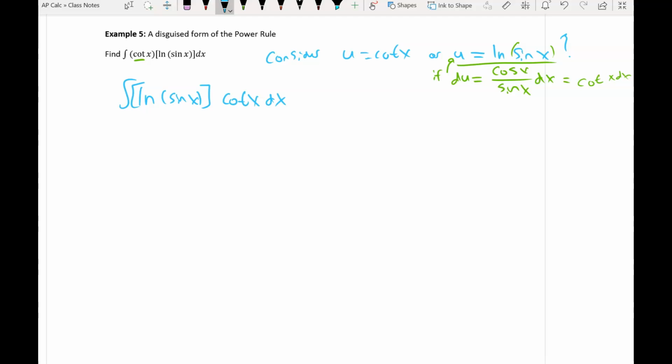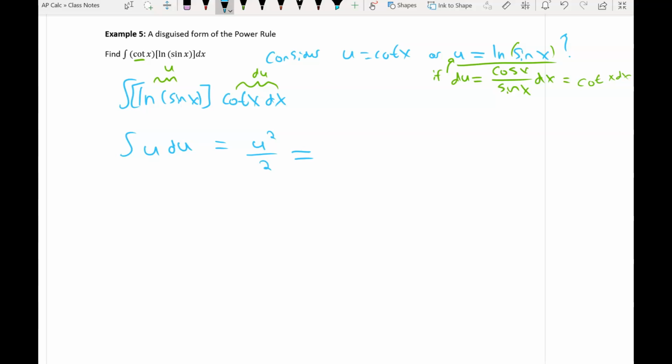Using u substitution, we can recognize this is going to be du, this is going to be u, so we have the antiderivative of u du, which is just, you treat u and do the reverse power rule. So this becomes u to the, well, an original exponent of 1. I add 1 to that, so 1 plus 1 is 2. U to the second, divided by 2.